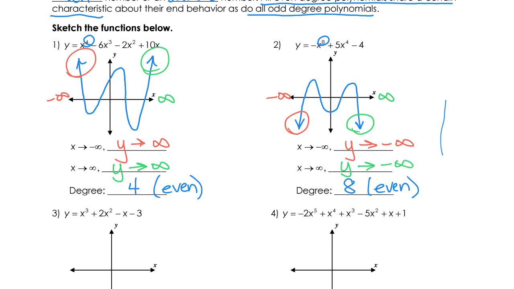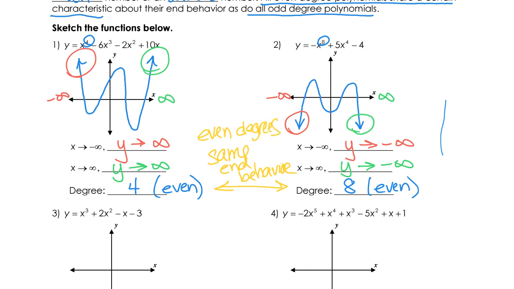All right, and so what we have to get from these two is, because these are both even degrees, they have what we call same end behavior. Whether both ends are going up or both ends are going down, even degrees always have same end behavior.